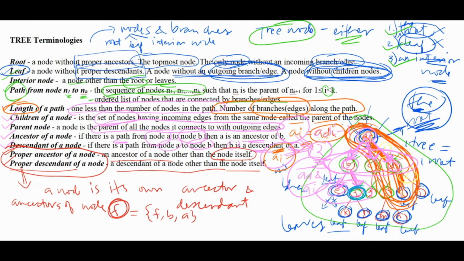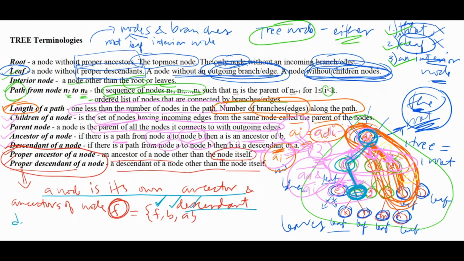You list node F as its own ancestor, and then you go up to the root. So F included, you have F, then B, and then A. Again, a node is its own ancestor and descendant.